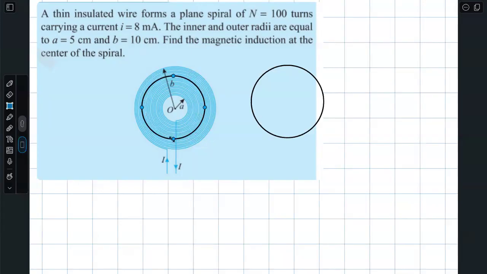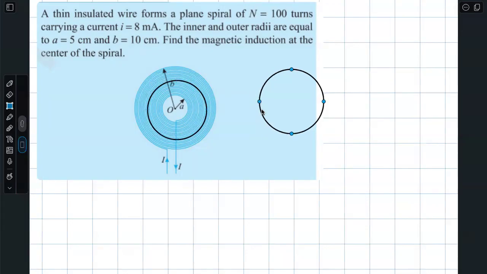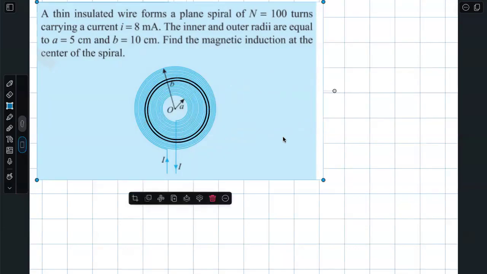Concentric, did you get it? Forget about the rest of the portion. Just see only this part.